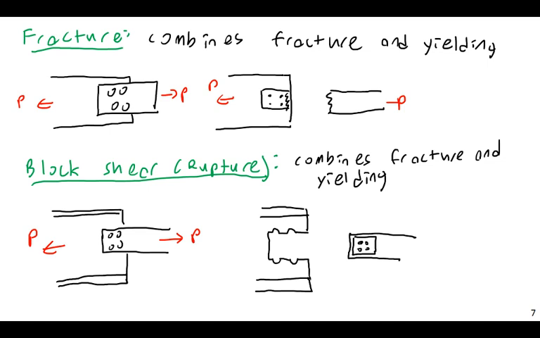And the amount of stress that materials can withstand in shear is different than the amount of stress they can withstand in tension. So that's why it becomes its own distinct limit case, or its own distinct failure mechanism, in that it is a combination of both fracture and shear.